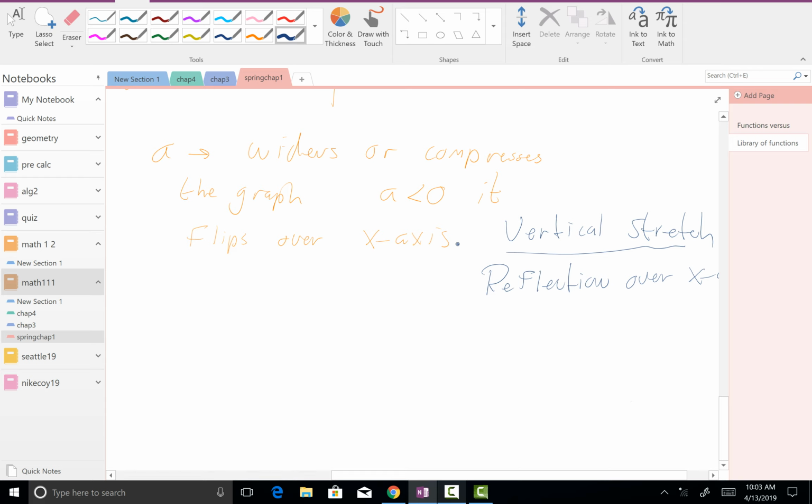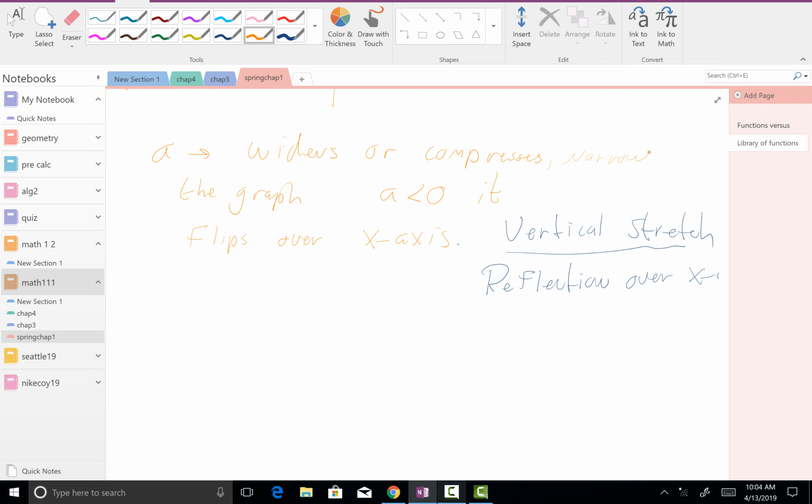So if you want to leave it like that, when you're answering questions on a test or in your assignment, and you use the words widen, stretched, compress, widens and compresses are kind of the same. I think we want to put in here also maybe narrow. I see what you're saying, compressing it this way.